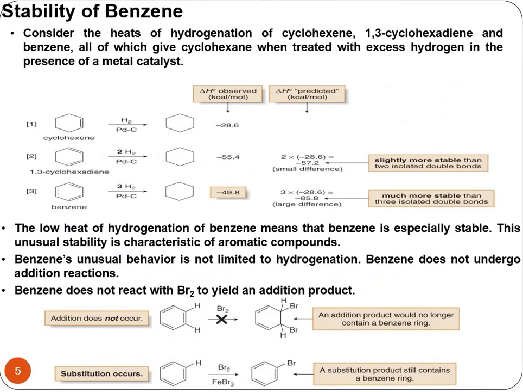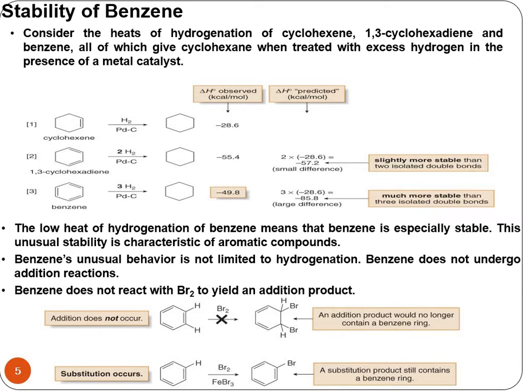Stability of benzene. Consider the heat of hydrogenation of cyclohexene, 1,3-cyclohexadiene, and benzene, all of which give cyclohexane when treated with excess hydrogen in the presence of a metal catalyst. You can see the observed kilocalories per mole and predicted kilocalories per mole.